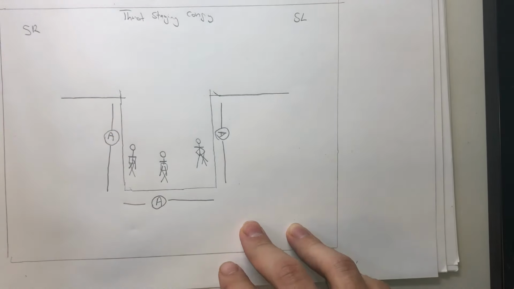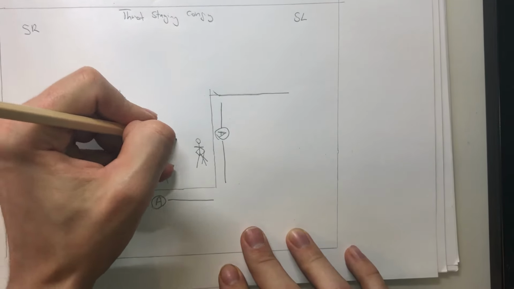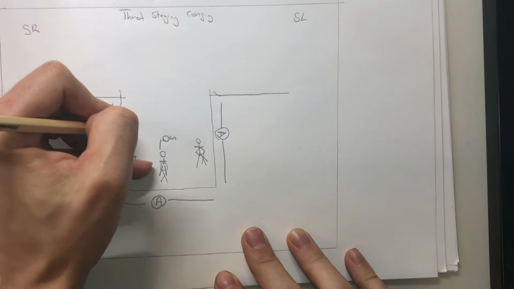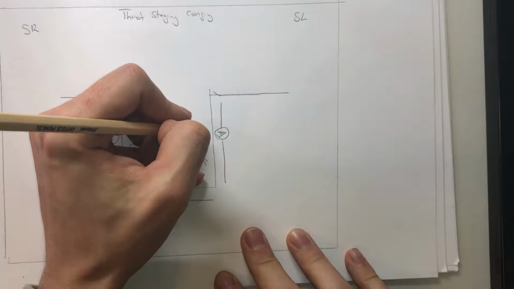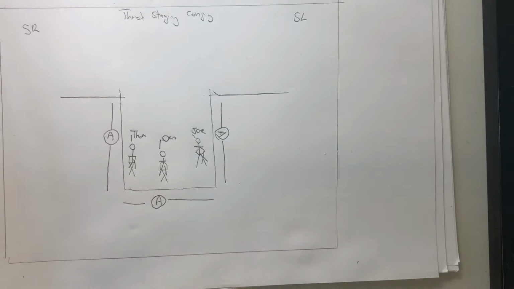But then I would need to label those as well. So I would personally have Dan in the centre. So we have Dan, Tom and Joe sitting on those stools in the centre.